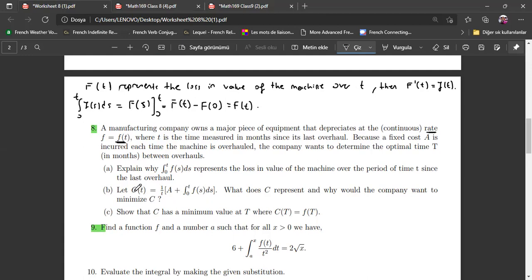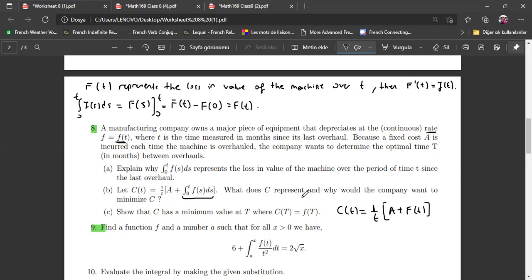What about this? Now, we can rewrite this equality in this form. So C of t is equal to 1 over t times this function. And we've seen in the previous part of this question that this is equal to F of t, so it can be written like this, A plus F of t. And they both represent the loss of the value.